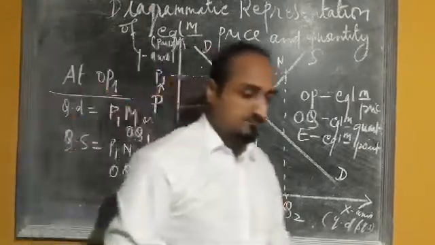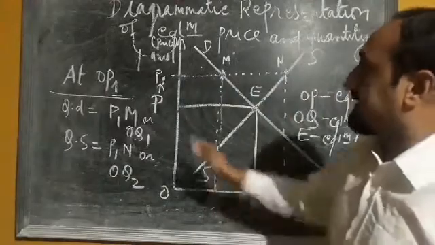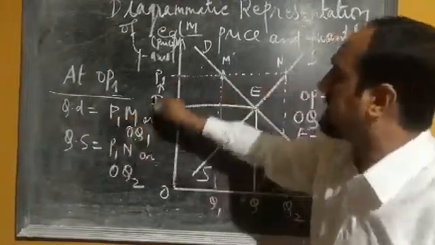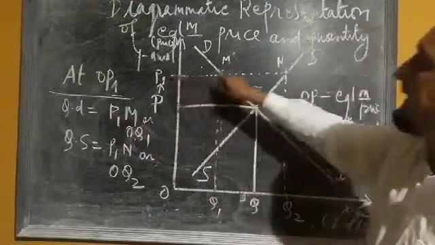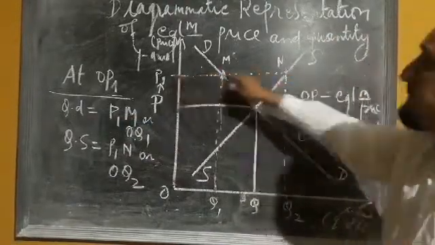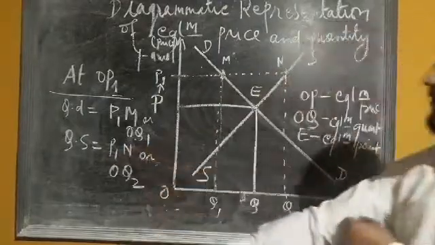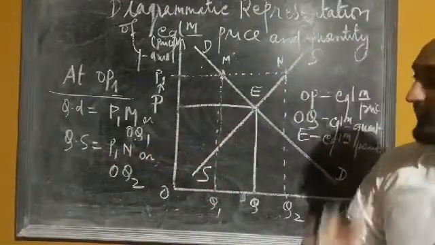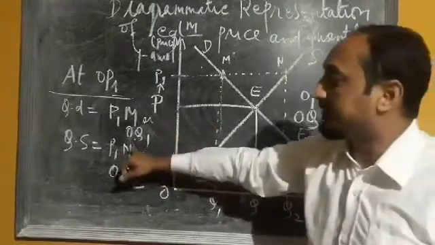So here the quantity demand is only P1M, but the quantity supply is P1N. Now which one is greater? Is quantity demand greater or quantity supply greater? Here I can see that the quantity supply is greater.